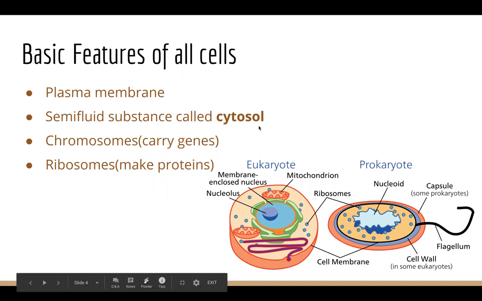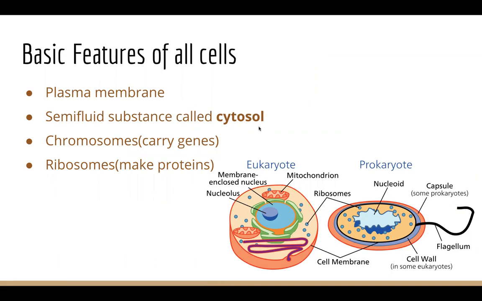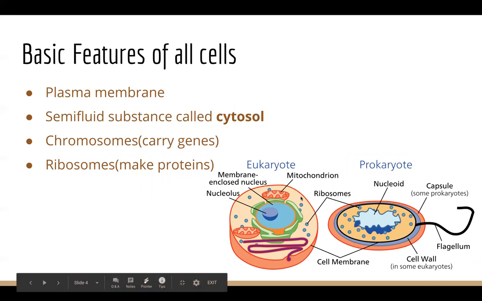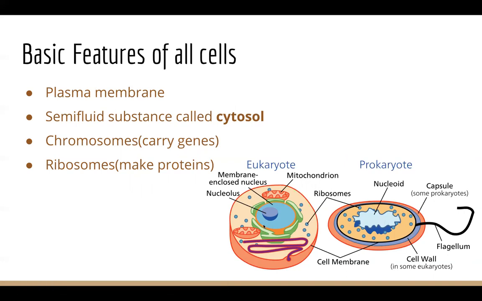It might sound confusing, but in simple terms, it's just everything within the plasma membrane that's not an organelle. In this picture, the cytosol is everything here, illustrated in orange. And in this picture, it's everything here that is not the little circle or the nucleoid. This is a eukaryotic cell, and that's a prokaryotic cell.